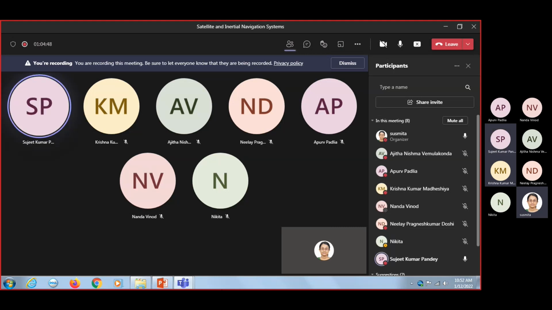One example is you get position using a navigation system and get the location by projecting it onto a map. So from position, you can easily find location using a map. Any other question?